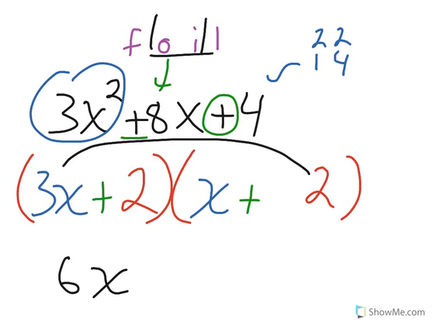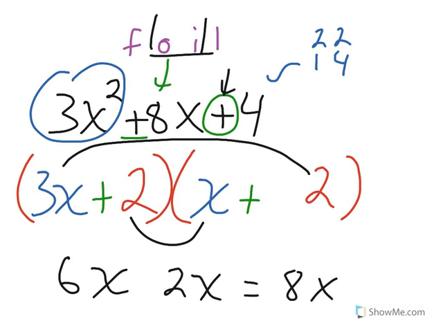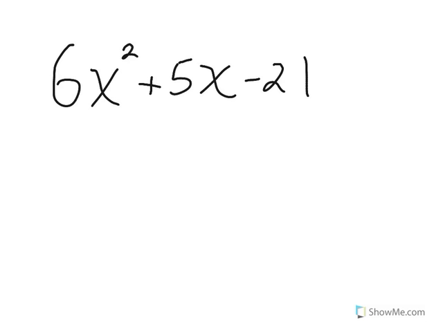That gives me 6x. And then I'm going to multiply my inner terms, and that's going to give me 2x. Can I combine those? Since it's a plus sign, can I add those to get 8x? I can. That gives me 8x. So that's my answer. Alright, so here, same concept, except I'm just going to play music and do the problem.